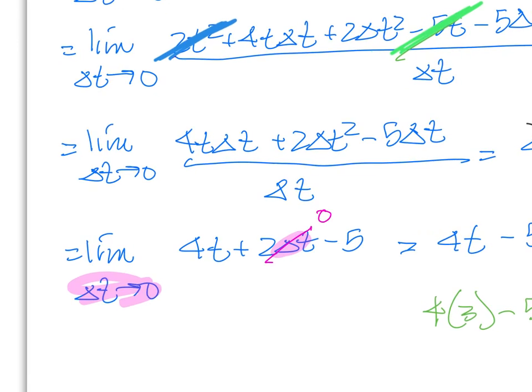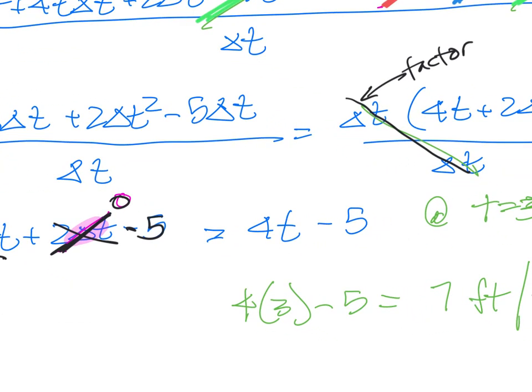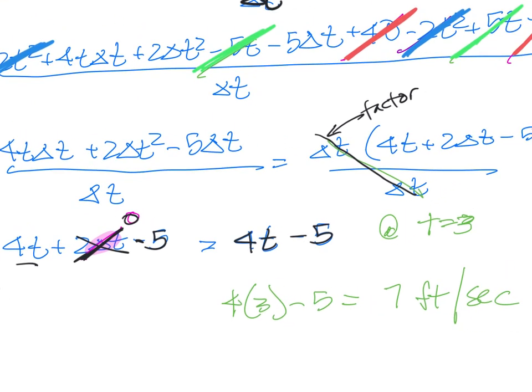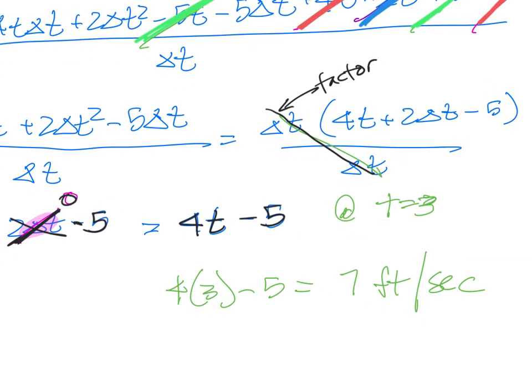So we are left with 4t plus 2 delta t minus 5. Now, when we are actually taking that limit as delta t goes to 0, so we're plugging 0 in there, all of that just ends up being 0. So what we are left with is 4t minus 5. So that is our limit as delta t goes to 0.